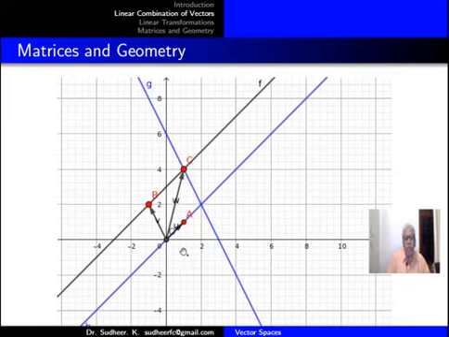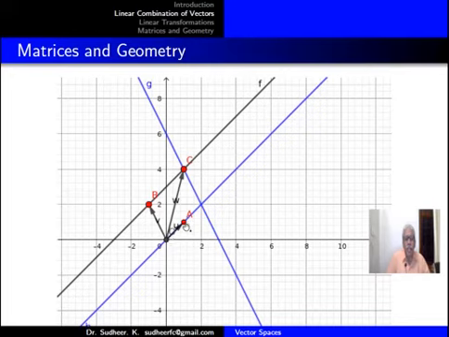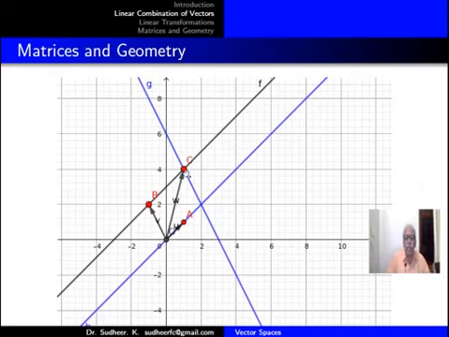Now what does it mean? So you will mark (1, 1) and (-1, 2). (1, 1), A, represents that point, (-1, 2), B, represents that point, and the other one, (1, 4), is represented by the point C. So you have three vectors OA, OB and OC, and you know OC can be resolved in the directions of OA and OB.